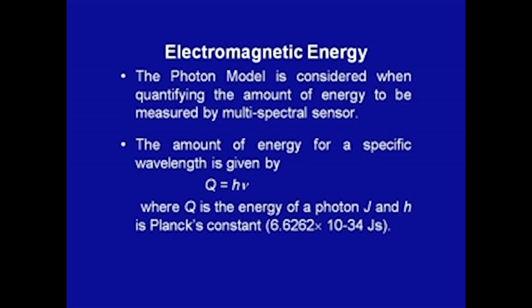The amount of energy for a specific wavelength is given by the equation Q = hν, where Q is the energy of the photon expressed in joules and h is the Planck's constant, which is equal to 6.6262 × 10^-34 joule-seconds.